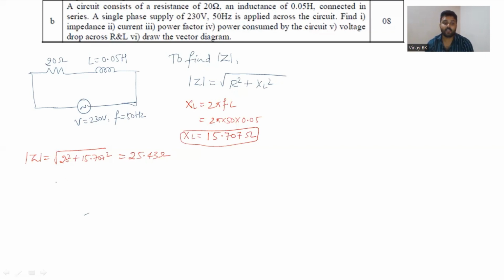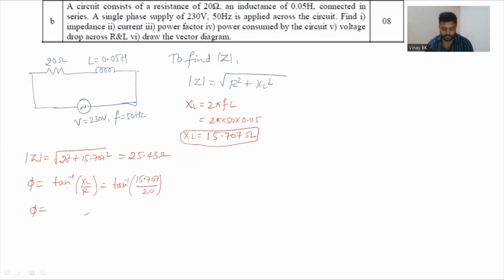For the safer side, calculate the phase difference also. Phase difference phi, as just explained, is tan inverse of XL divided by R. That is tan inverse of 15.707 divided by 20.